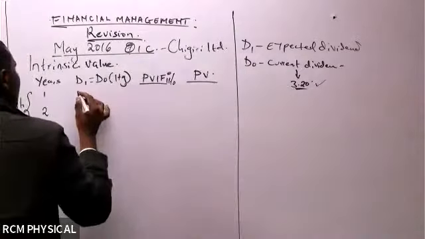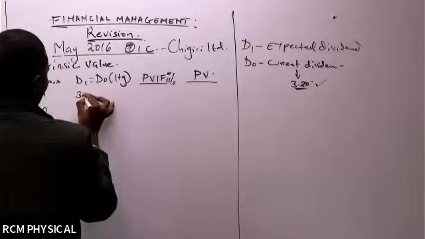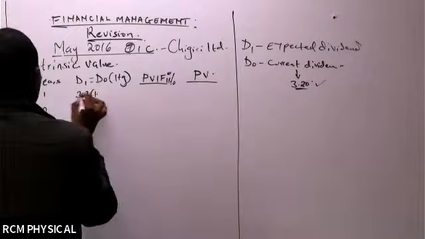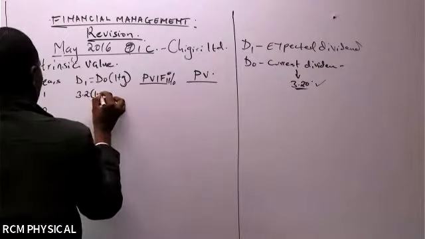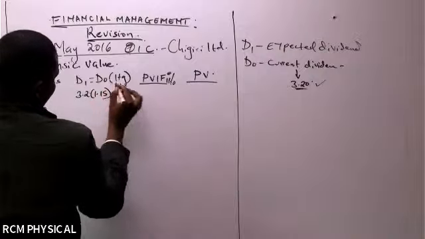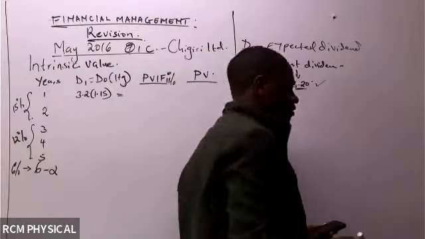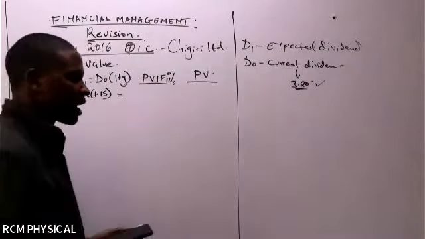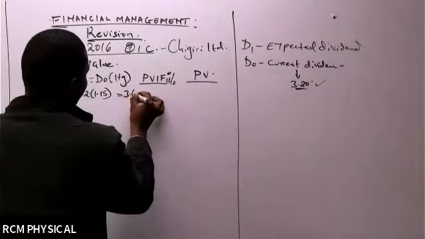It will grow at a rate of 15%, so 1 plus 15%, which is 1.15. So what will be the value after the growth? That is 3.2 times 1.15, which is 3.68.